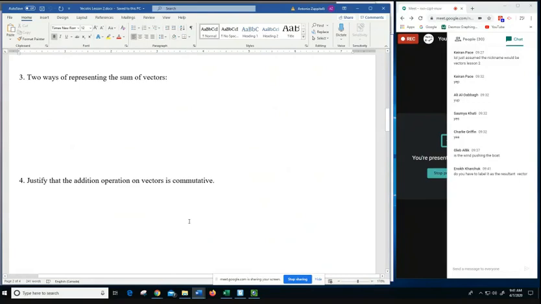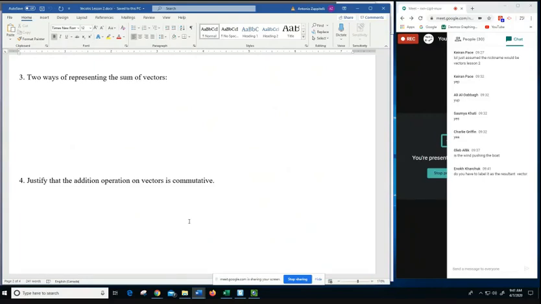So what you put in the diagram, if I ask you to draw the picture, if that's part of what I'm asking you to do, then yeah, you should label the resultant vector. Okay. So here I'm asking for two ways of representing the idea of the sum of two vectors.